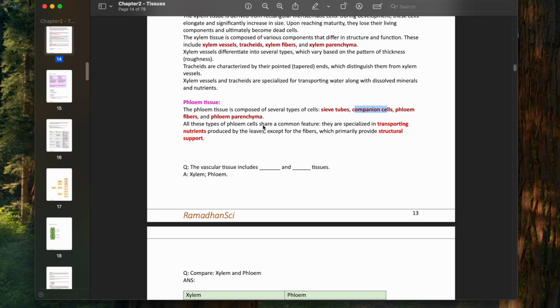All these types of phloem cells share a common feature, that they are specialized in transporting nutrients produced by the leaves. So transporting nutrients produced by the leaves is common for each single one of those except, we have an exception, which is the phloem fibers, because the phloem fibers function as structural support rather than transport.